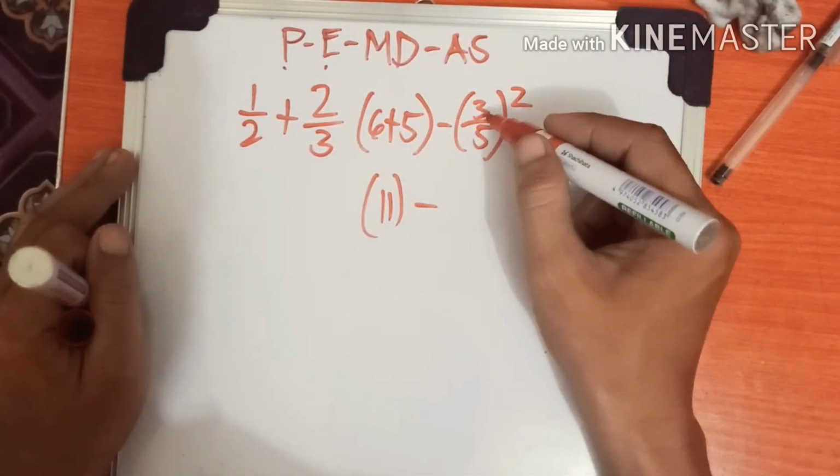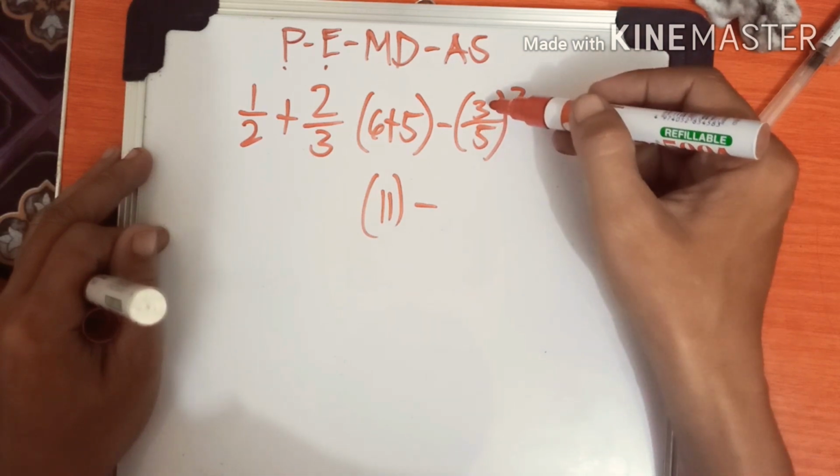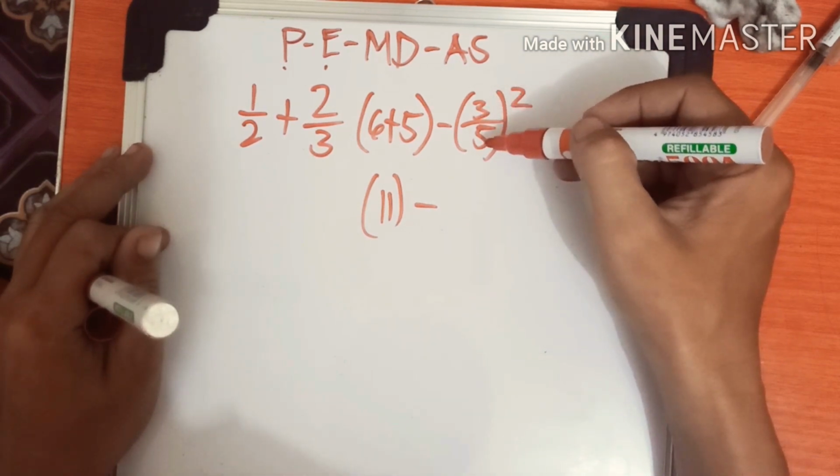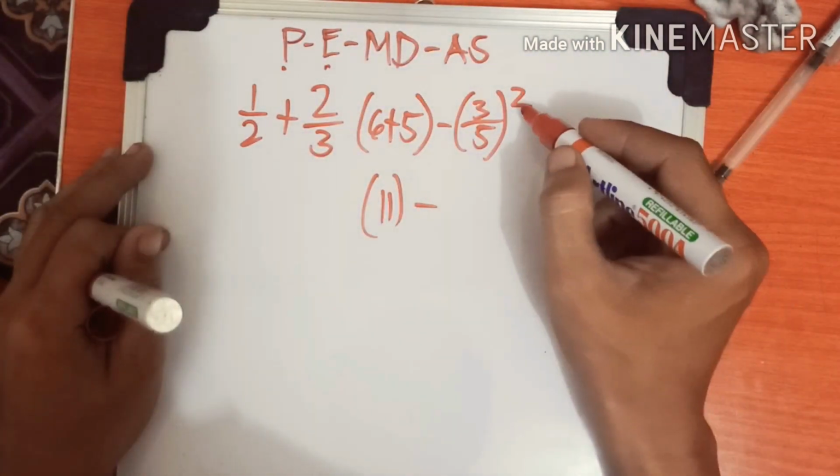Okay, and then since we cannot solve 3 over 5 yet, we use the next rule after parentheses, which is the exponent.